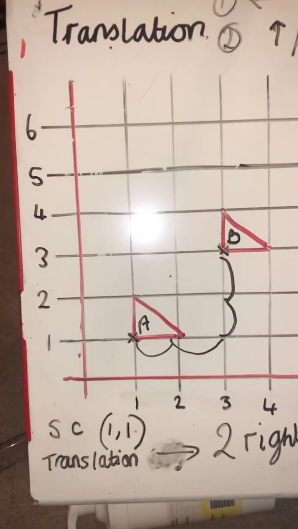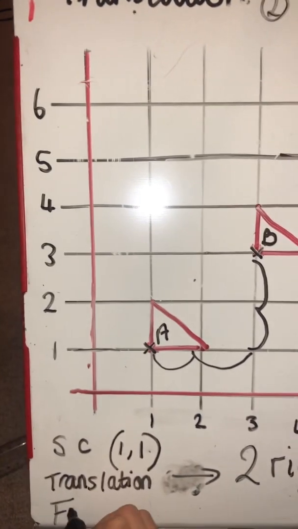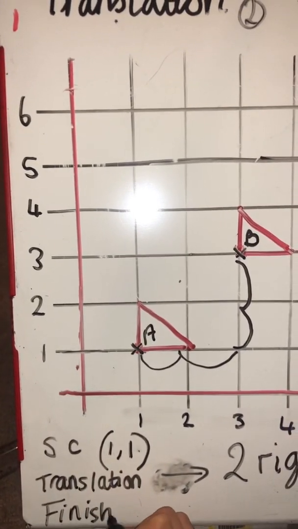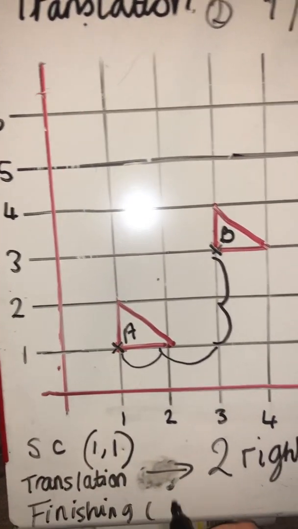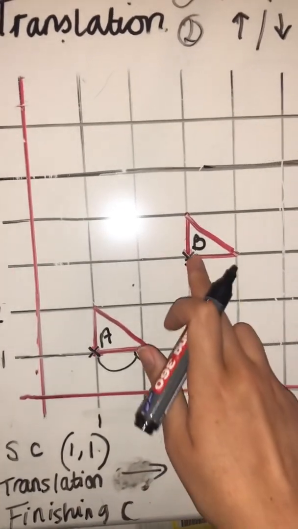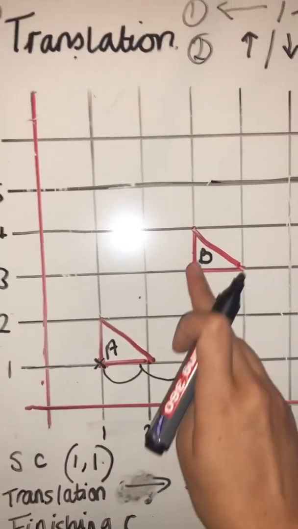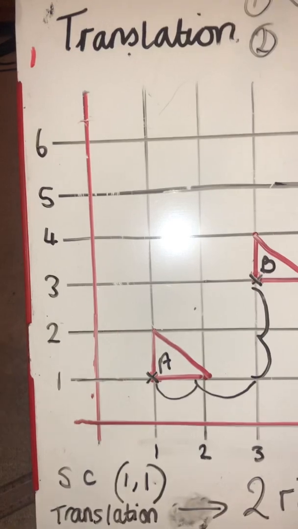And the last part on the sheet asks for the finishing coordinates. So that's FC. So I would put the coordinates of this, which is 3, 3.